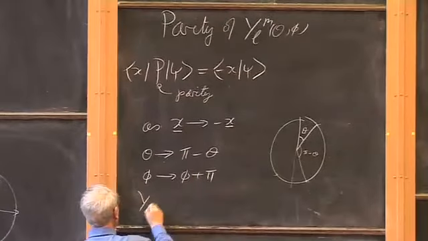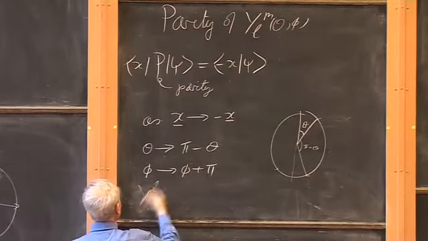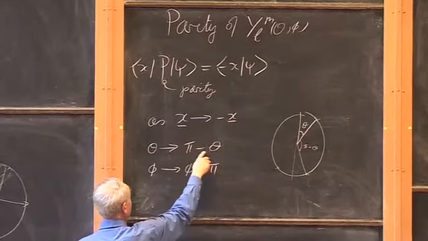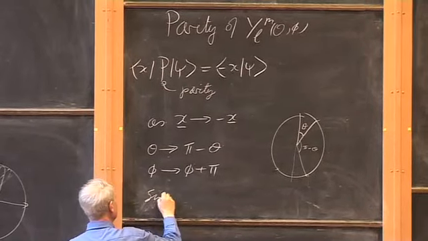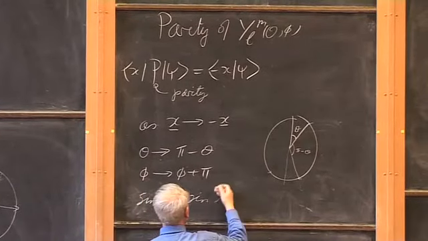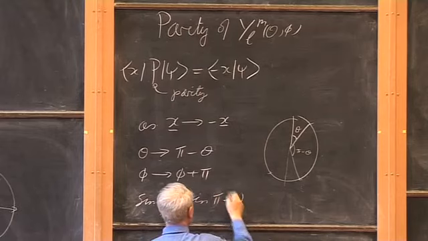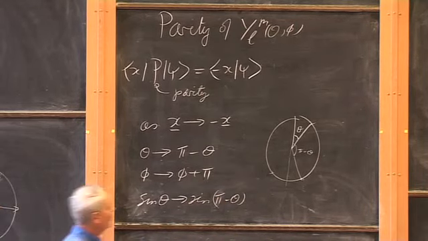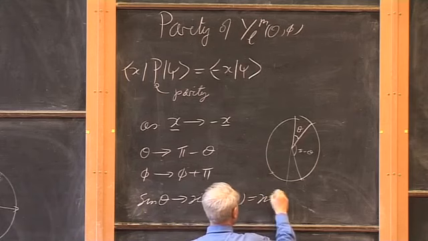Now, Y_LL, oh yeah, well, what else can we say? So theta goes to pi minus theta, what does that have to say about sine theta? Sine theta goes to sine of pi minus theta. And sine of pi minus theta, it's easy to check from a variety of arguments, is actually equal to sine theta.